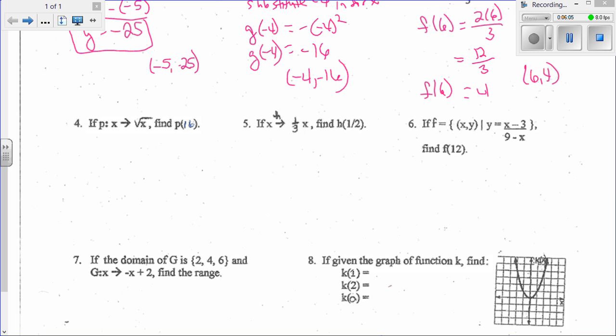For number 4, I have under function p, x changes to the square root of x. So we have to find p of 16. So I'm going to substitute in 16 in place of x.